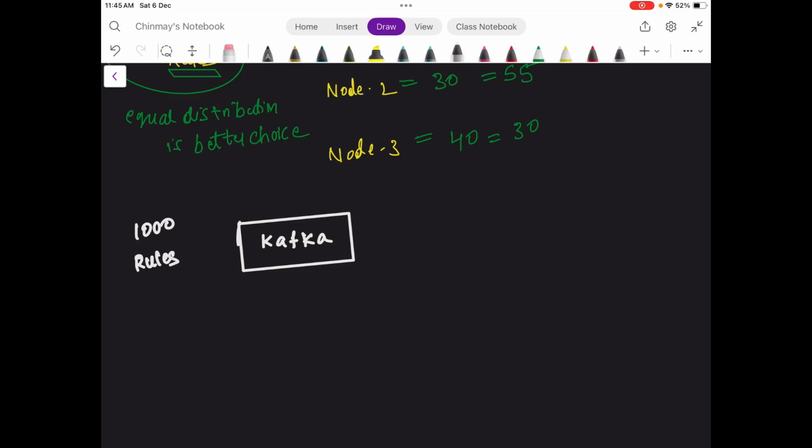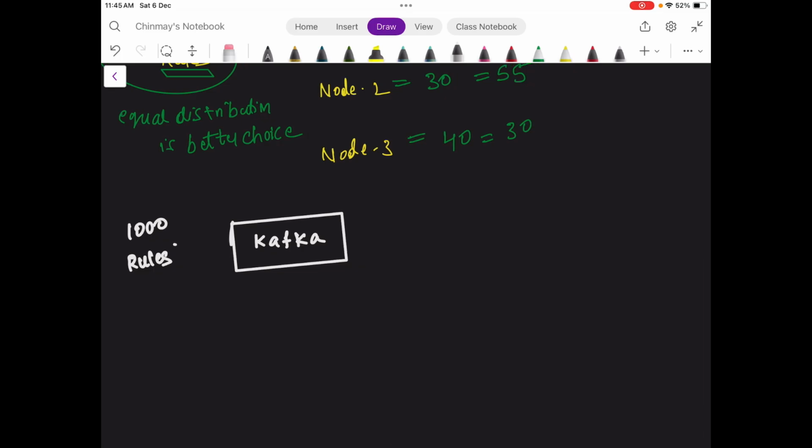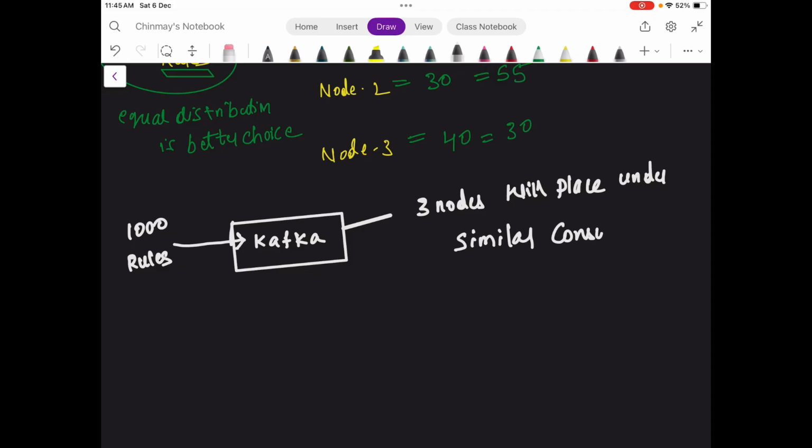These 1000 rules will be distributed to Kafka, and the 3 nodes will be placed under a similar consumer group.